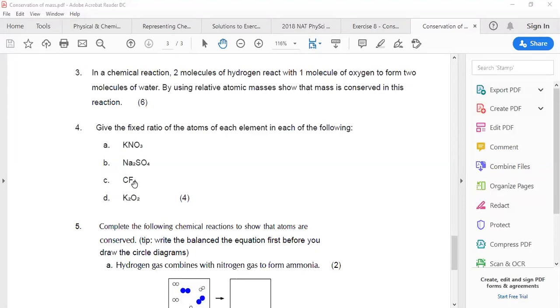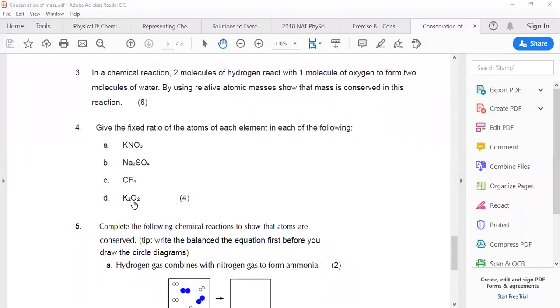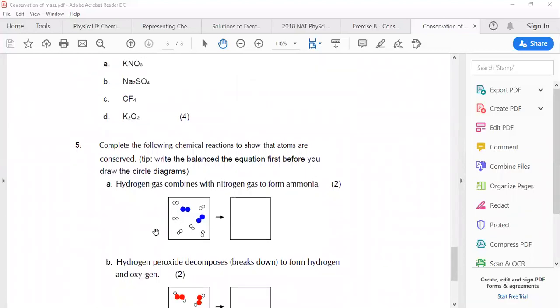It's carbon tetrafluoride. The ratio is 1:4. Clear? Right, then the next one you've got potassium oxide. It's going to be 1:1. So it's 2:2, but you have to simplify the ratio so it becomes 1:1.